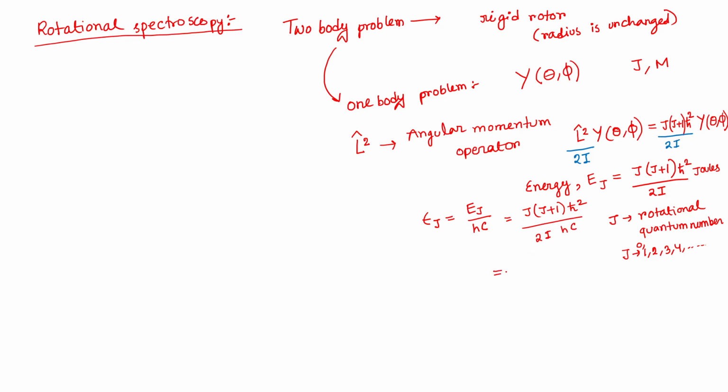We'll break it down a little bit. So J into J plus 1, h square will become h square over 8 pi square I c. Okay, I is your moment of inertia.